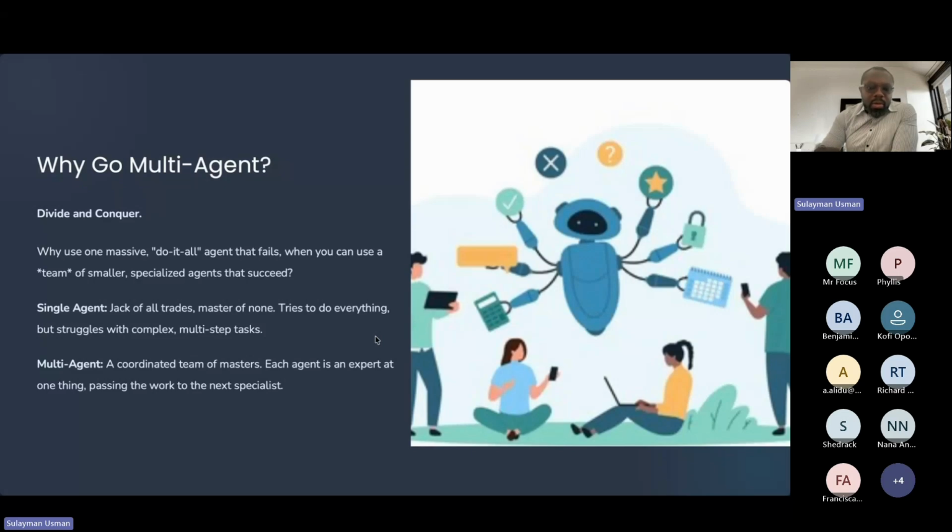To mitigate these issues, the best option is to use multi-agents, where each agent has a specific task, and these tasks are linked to other agents, and they work together to get the outcome that you are looking for.